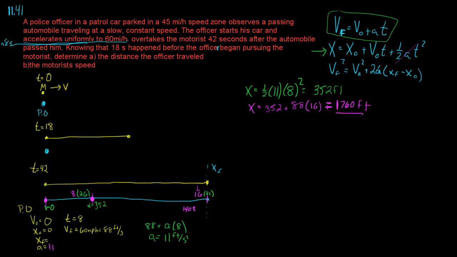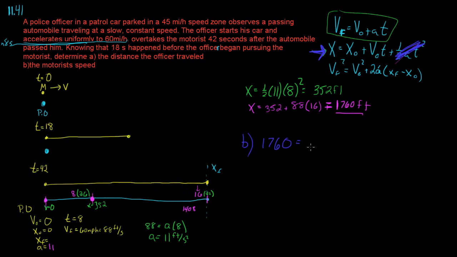And finally, we're asked to figure out what the motorist's speed is. To do this, we can use the same equation we've been using with the police officer, and there's no acceleration term, so that goes away, and we can just plug this in and get our answer. The motorist has moved the same amount of distance that the police officer's covered, 1,760 feet.